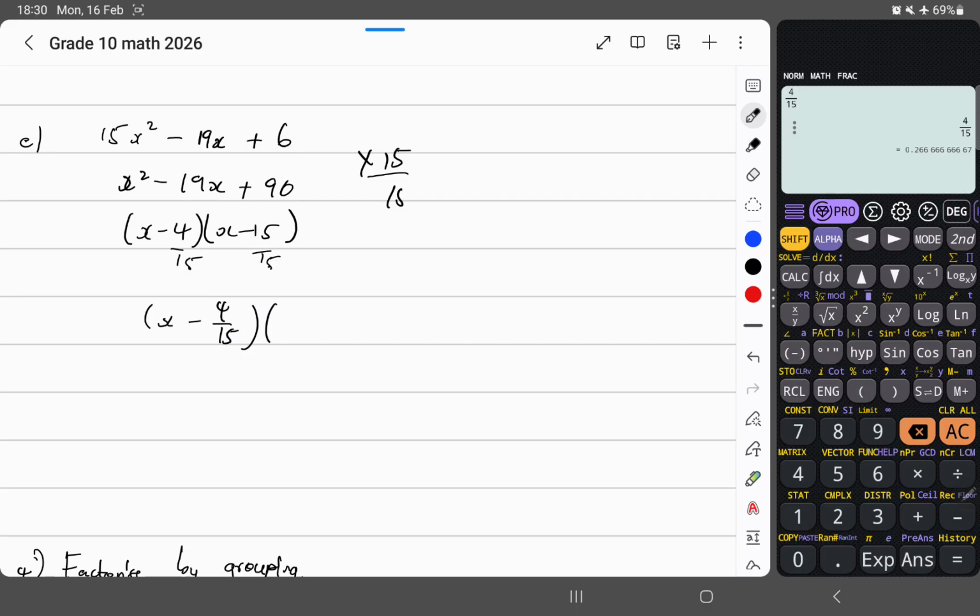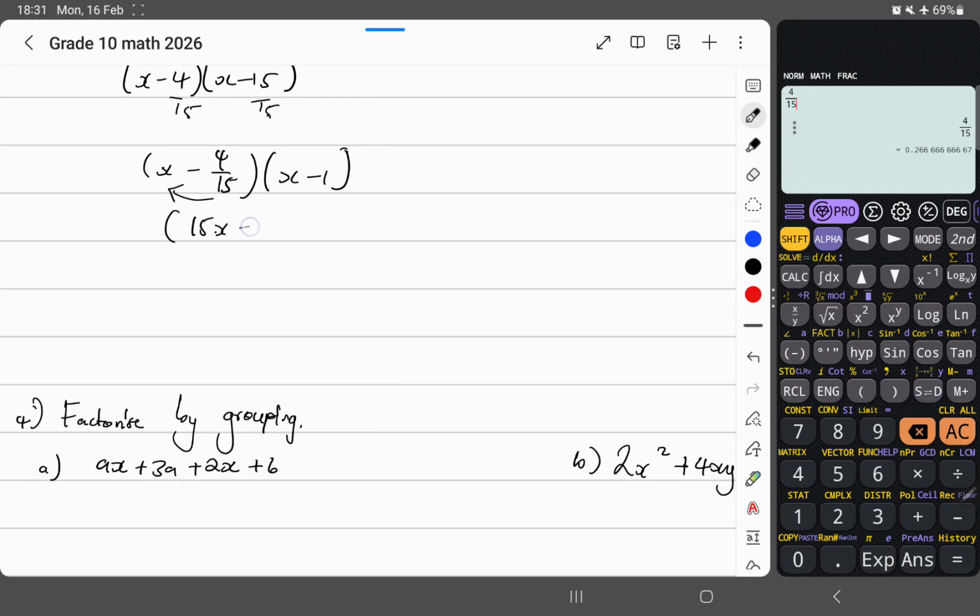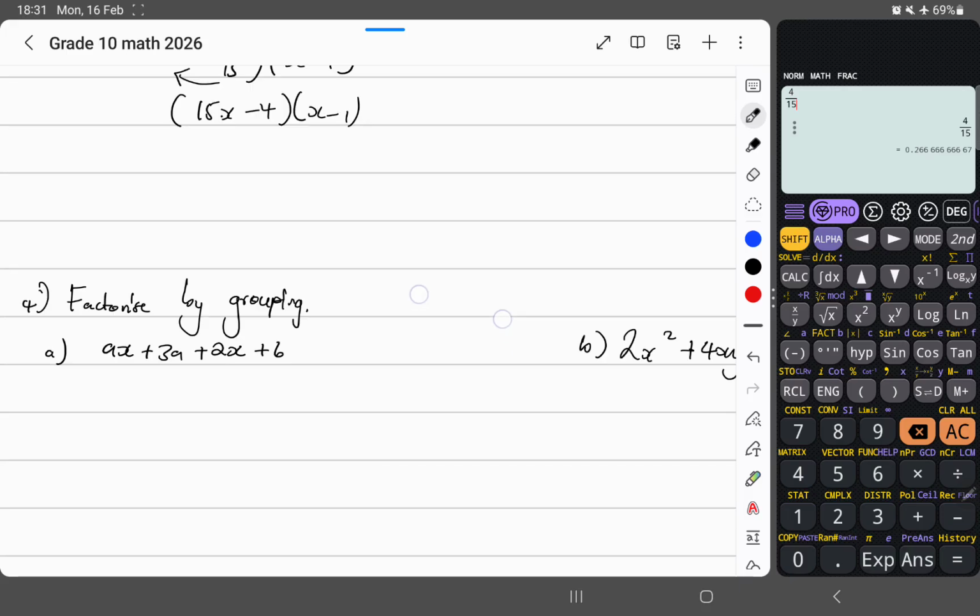And 15 divided by 15 becomes x minus 1. Therefore, the 15 multiplying the x means I'm going to have 15x minus 4, and I'm going to have x minus 1. That becomes our answer.